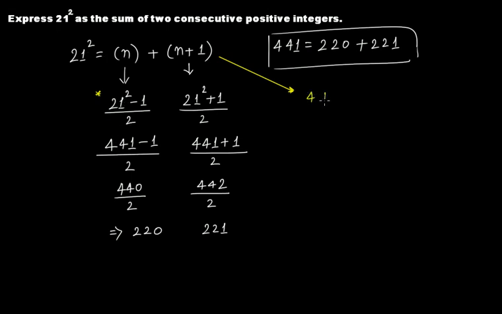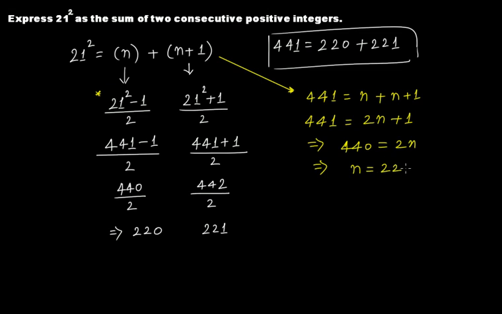So 441 is equal to n plus n plus 1. We supposed that the first number is n, therefore its successive number is n plus 1. Now this gives you 2n plus 1, and if you solve it you get 440 is equal to 2n, and from here n is equal to 220.